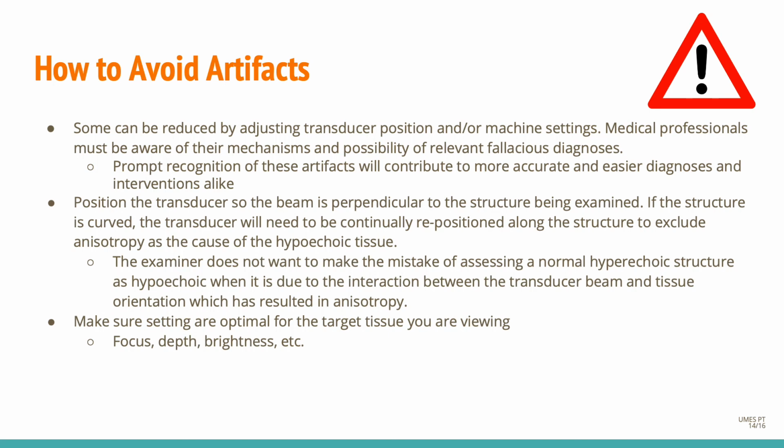The examiner does not want to make the mistake of assessing normal hyperechoic structure as hypoechoic when it is due to just the transducer beam and the orientation resulting in that artifact. You want to make sure that your settings are optimal for the target tissue you are viewing, so focus, depth, brightness, etc.